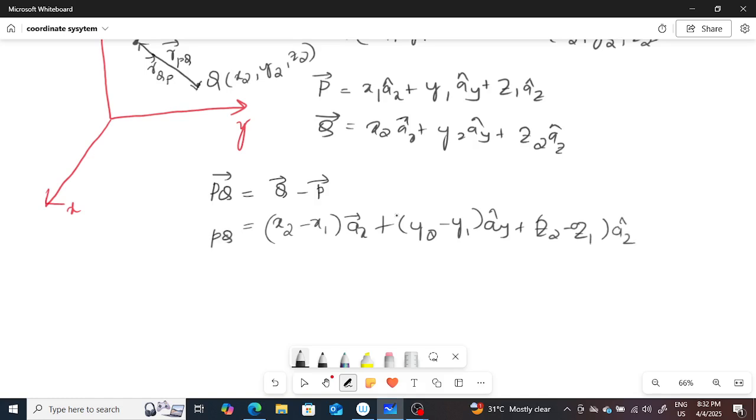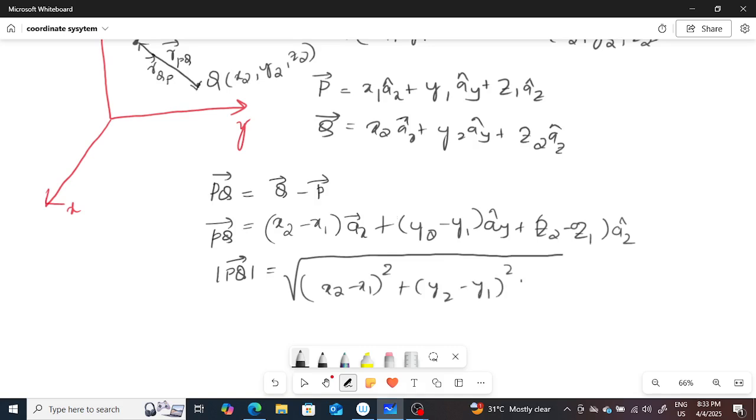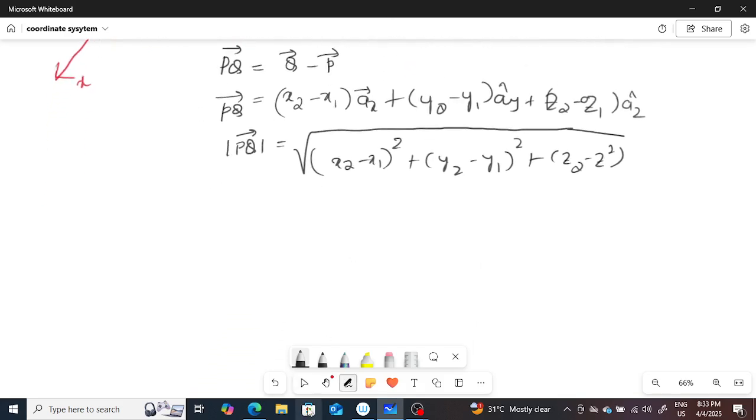This is PQ, and the magnitude of the PQ vector is the square root of x2 minus x1 square plus y2 minus y1 square plus z2 minus z1 square. This PQ vector, or the distance between two points, forms a new vector, and that vector can also be called the separation vector.